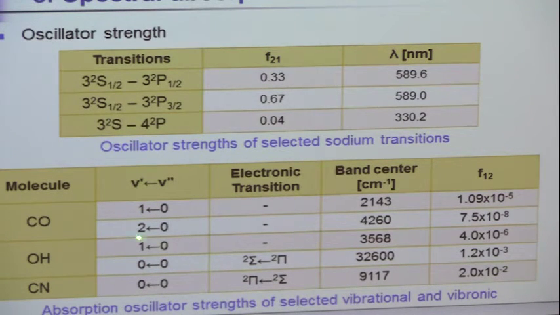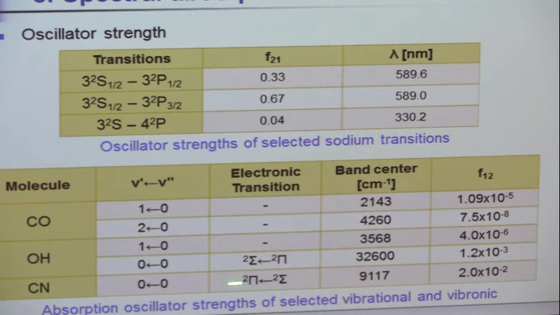If I go to OH, however, now this is pure vibrational. That's the fundamental of OH, 10 to the minus 6. If I go to an electronic transition of OH, 10 to the minus 3. So the oscillator strength is a number that really characterizes, on a scale of 0 to 1, the strength of the absorption or the emission. And this is an electronic transition. This is the biggest one that I know about.